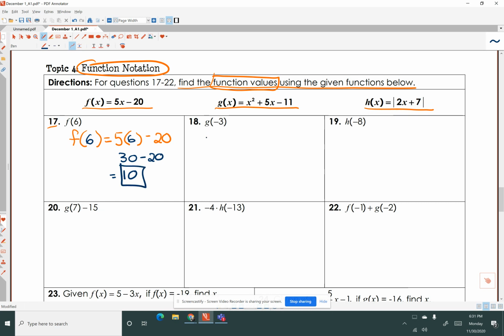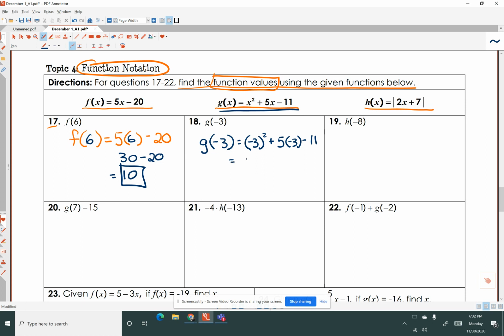Now they want us to find g of negative 3. So here's our g. So instead of x, we have negative 3 squared plus 5 times negative 3 minus 11.